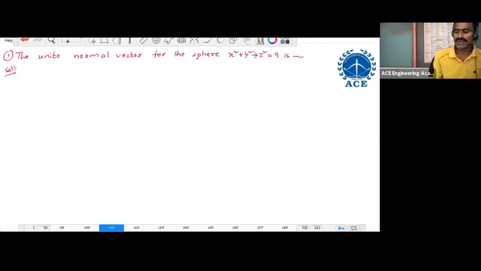For this sphere surface, we are asked to find the unit normal vector. If we find the normal vector, we can find the unit normal vector. The normal vector is given by one of the quantities, the gradient.